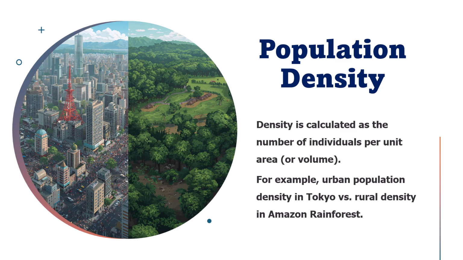For ecologists, density helps predict species interaction and ecosystem health. For policymakers, it informs planning for sustainable development, housing, and public services. Understanding density is essential to balance growth, resource management, and environmental sustainability.